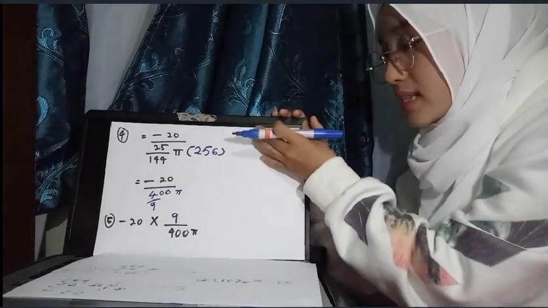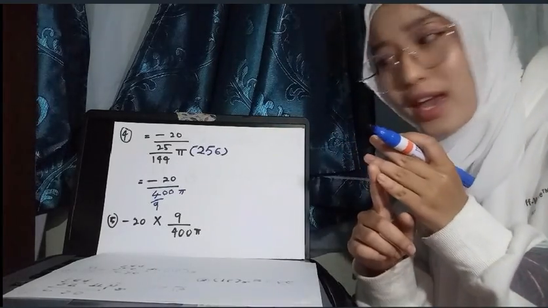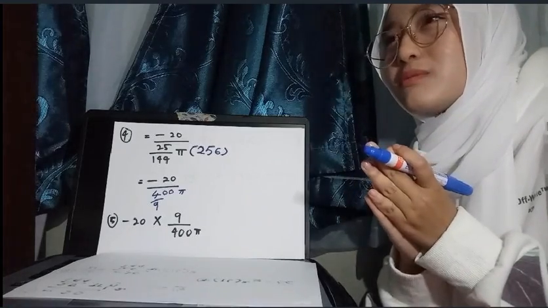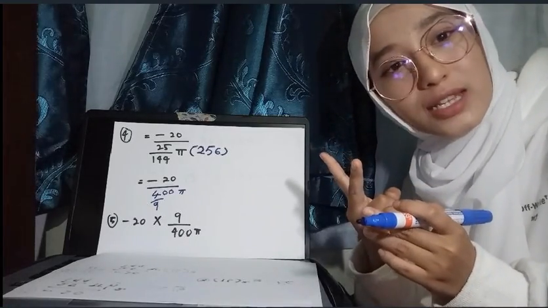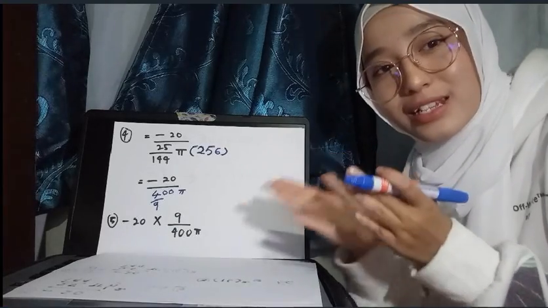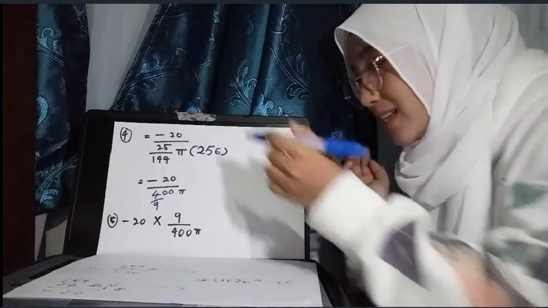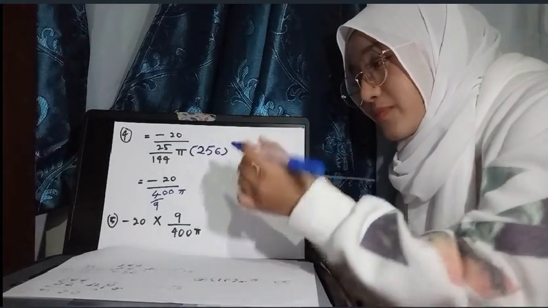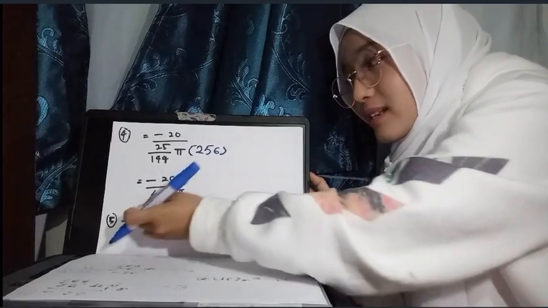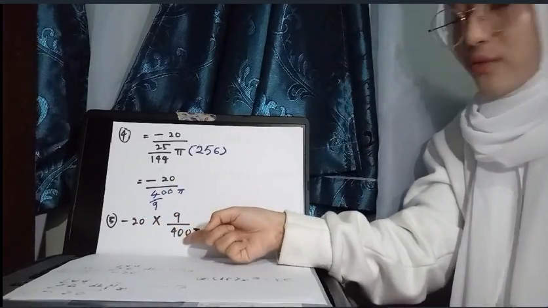So when you multiply, you can use a calculator also. But can we do this one manually? Yes, we can. So let's try it. As you can see, we can cancel these two, 20 with 400.